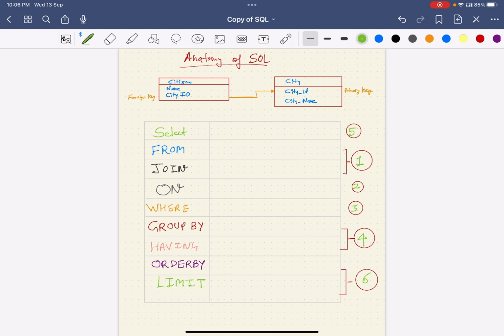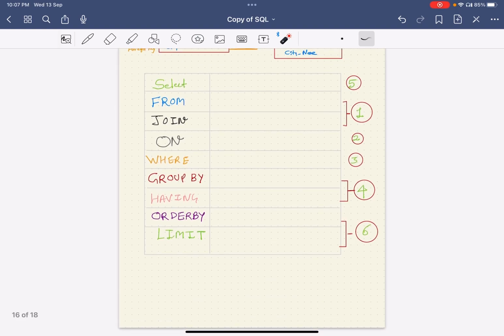Suppose we have a relational database in which we have one citizen table and another one, the city table. The citizen table consists of citizen ID and city ID, and within the city table we have city ID and city name.